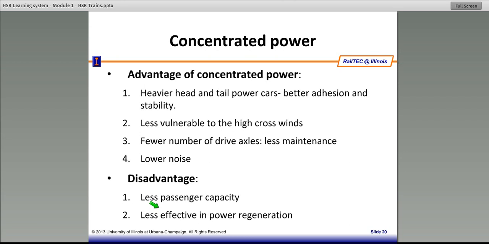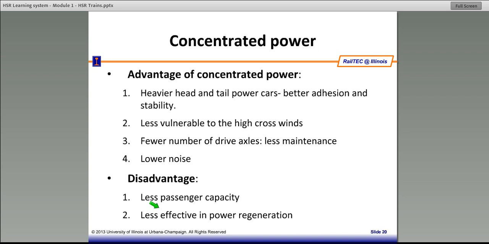Before the year of 2000, actually, there were two mainstreams in producing the high-speed train. One mainstream is the push and pull or the concentrated power, which is mostly used in Europe. And then there is this EMU type, the distributed power used in Japan.